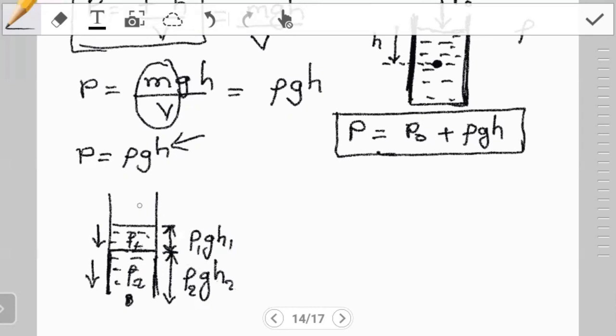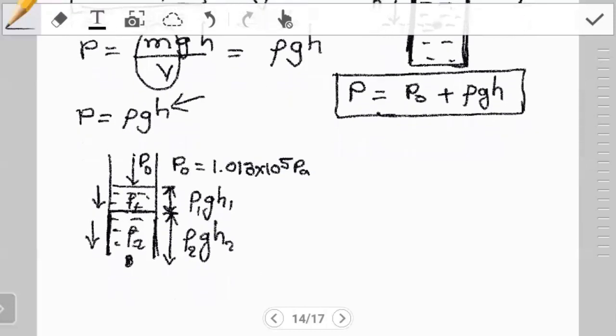And again, we have to take into account the atmospheric pressure as well, so here we're going to have P naught. Of course, that is standard. The atmospheric pressure is taken as 1 atm. In pascals, this can be written as 1.013 times 10 to the power 5 pascals.